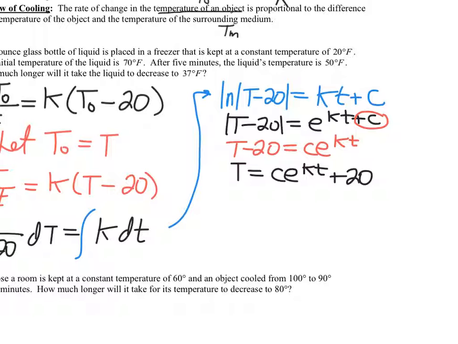Right. Initial temperature of the liquid is 70 degrees Fahrenheit. So that's telling me that when lowercase t is equal to 0, capital T is equal to 70. So I'd be saying that 70 is equal to C e to the K times 0 power plus 20.